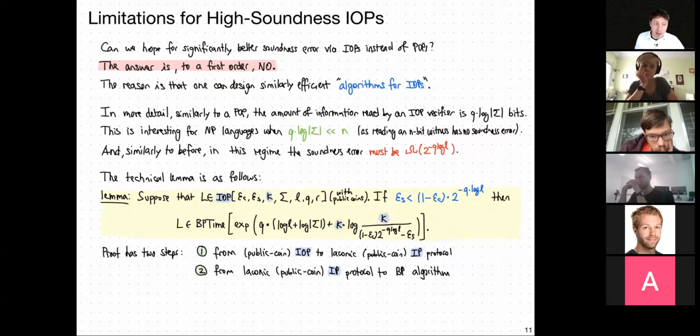Intuitively, that's roughly what happens: you cannot have so many rounds and so few queries and also very good soundness error. There are natural constructions where you have more rounds than queries and you're picking from rounds, but it has sharp limitations in soundness. So you expect K to be roughly Q.